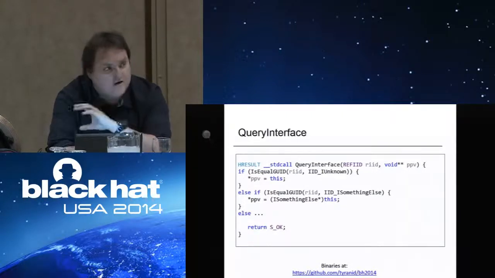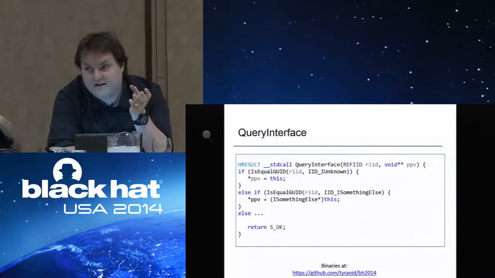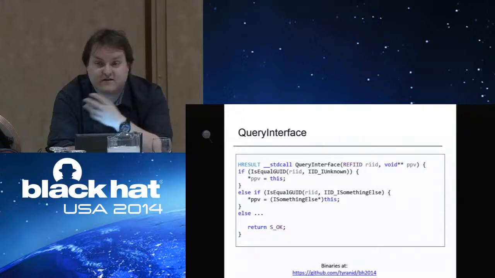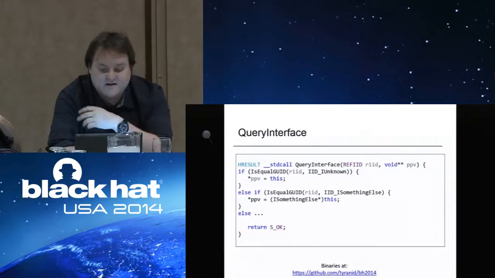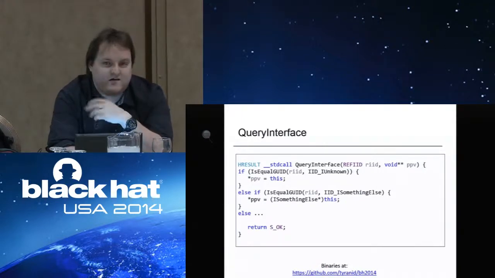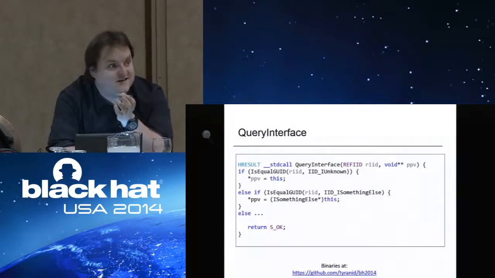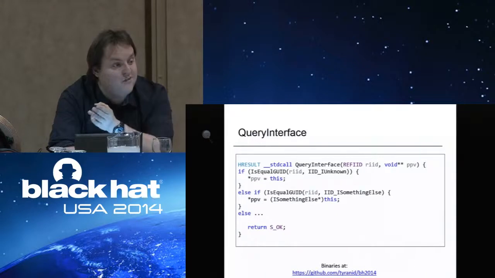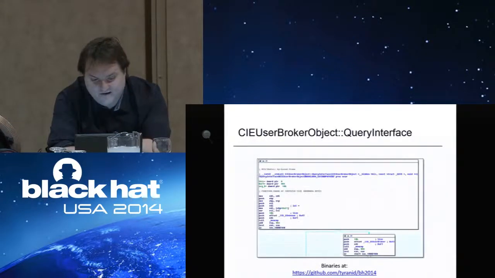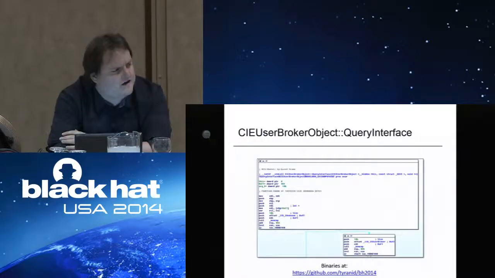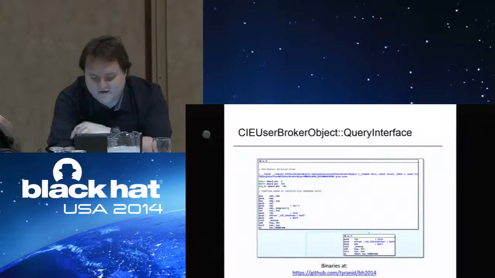It's implemented in COM, obviously, and it has QueryInterface because that's part of how COM works. But I wasn't assuming the broker would be more than its one job. It turns out that if you go and look at it, it implements a few more interfaces which you can expand your attack surface to.